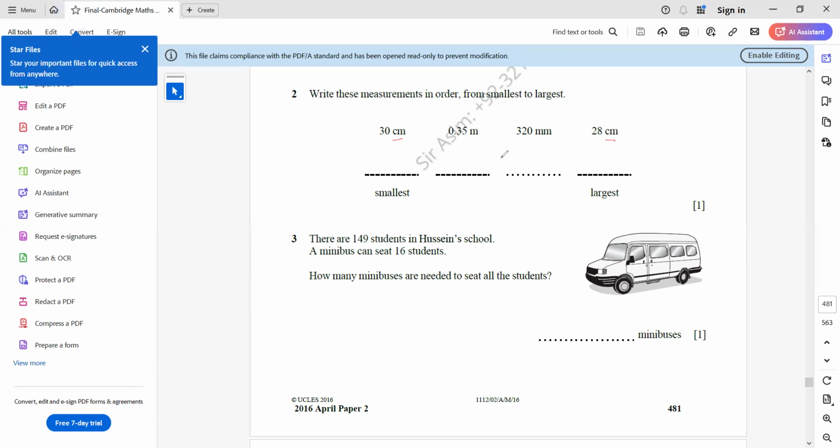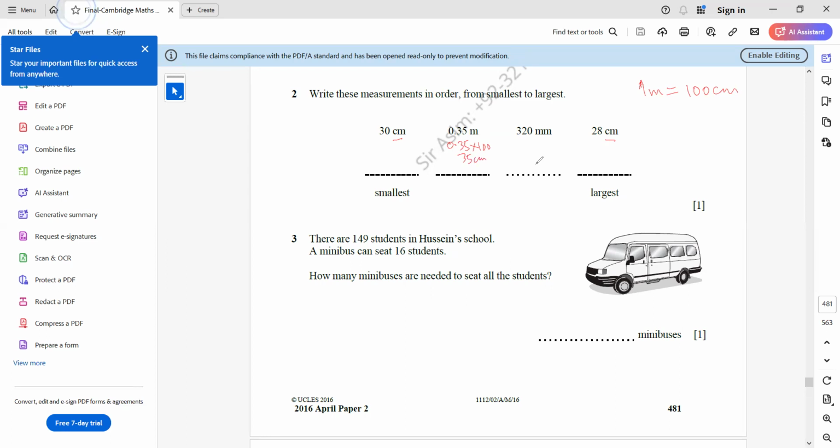Since we know that 1 meter equals 100 centimeters, converting meters into centimeters means multiplying by 100. So it would become 35 centimeters.